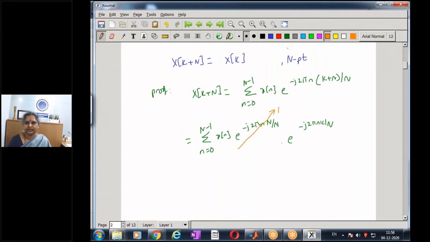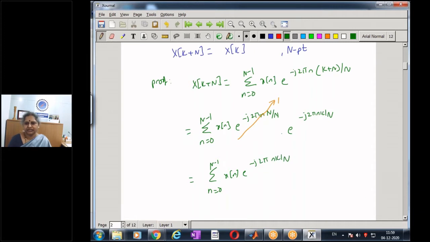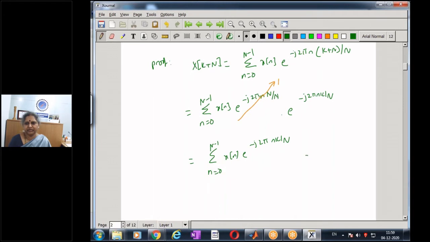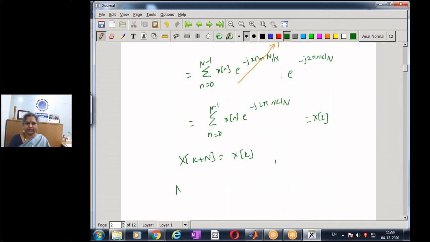And hence we have the right hand side as x of n e to the power of minus j 2 pi nk by N, which is nothing but x of k. And hence we have x of k plus N is equal to x of k. So an N-point DFT is periodic with period N.